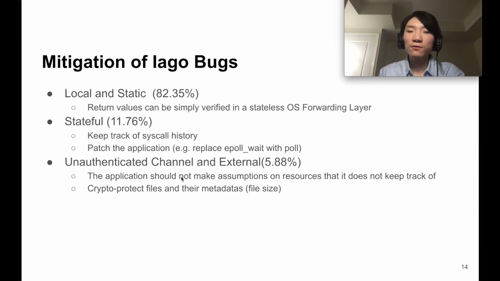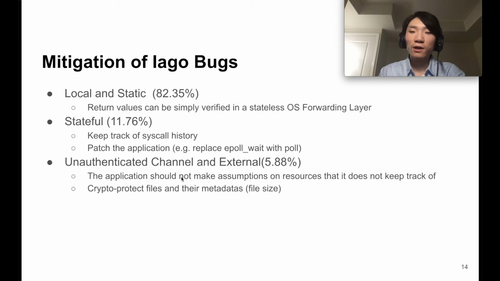Checks for stateful semantic violations require logic to maintain a parallel state with the untrusted OS, for example keeping track of syscall history. An alternative is to patch the application to no longer be vulnerable. We found that all 6 applications that contain an epoll_wait bug can be configured to use other polling syscalls, such as poll and select, for compatibility reasons.